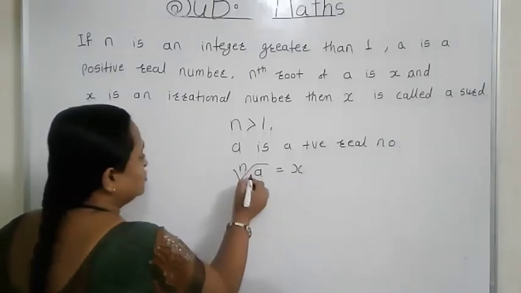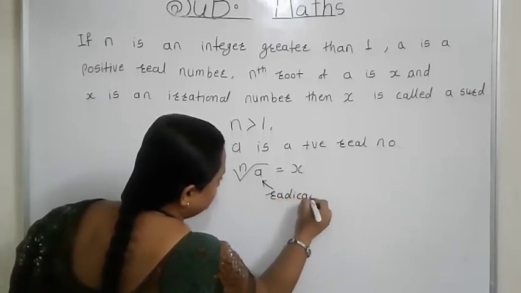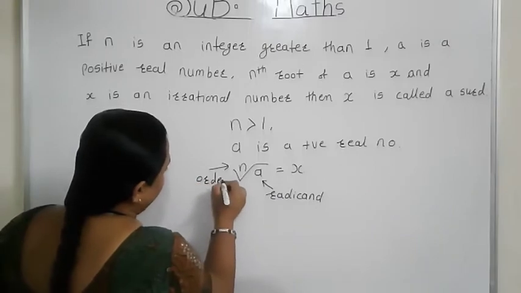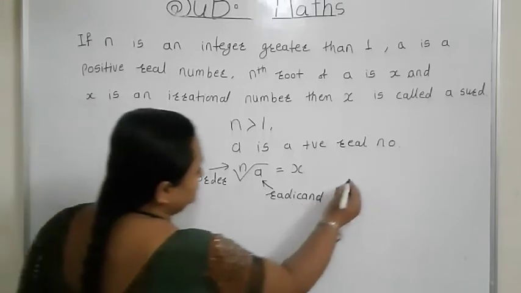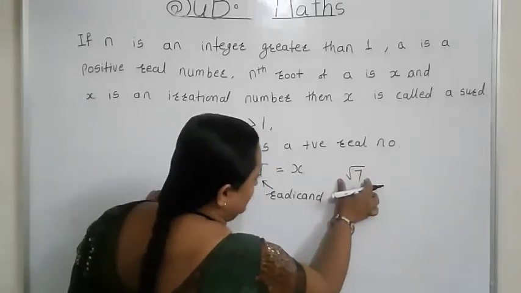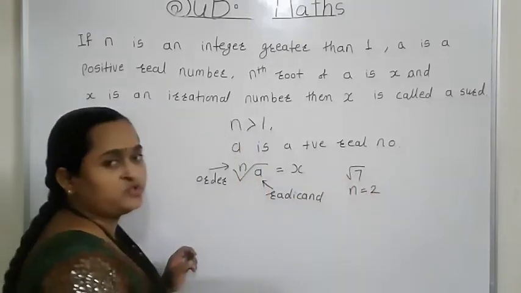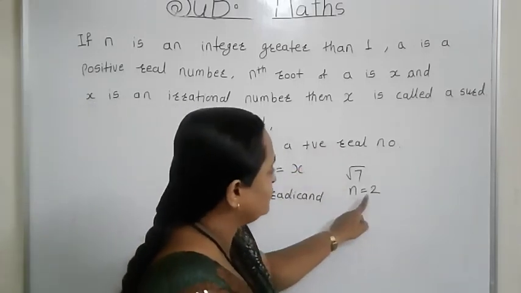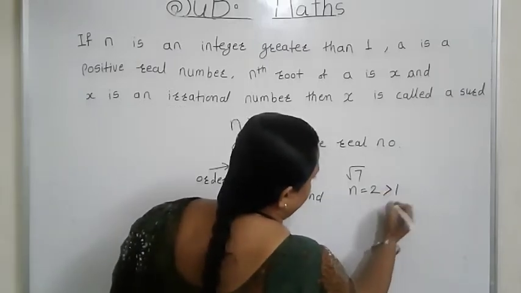Now in this nth root a, this a is called the radicand, and this n is the order of the surd. Now let's see an example. Suppose root 7. Here the order of the surd is 2 because this is the square root sign. Any number is not there, but this is the square root sign, so the order of the surd is 2, which means n is equal to 2, and 2 is greater than 1.